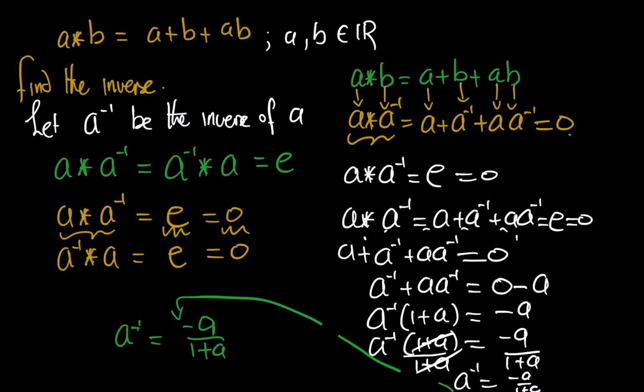So if we're asked to find the inverse of 1, it will be negative 1 divided by 1 plus 1, which gives us negative 1 over 2, that is, negative half. So the inverse of 1 is negative half.